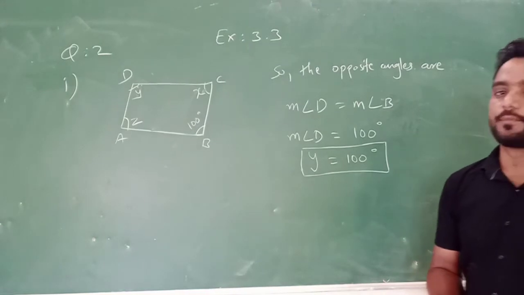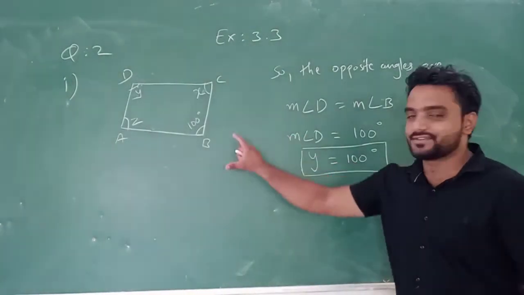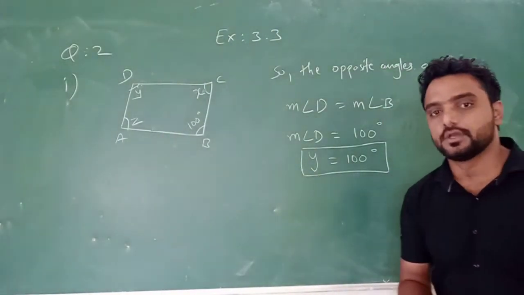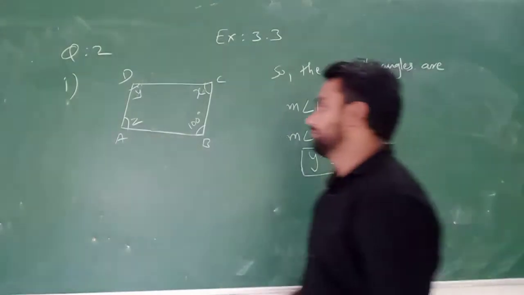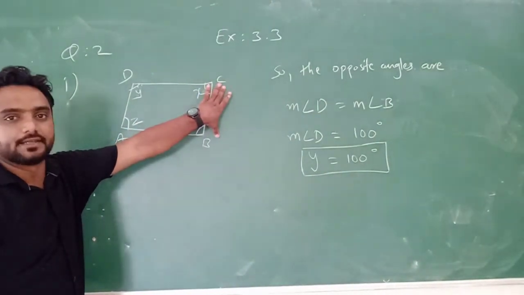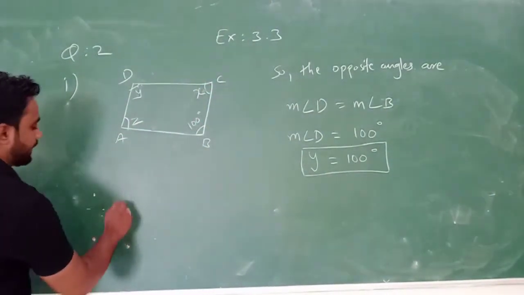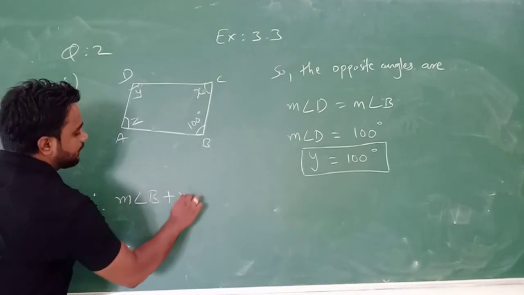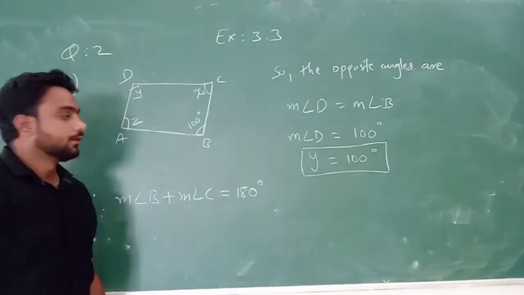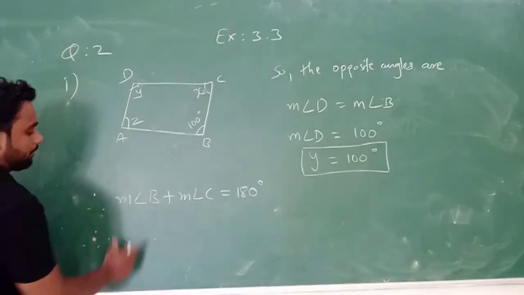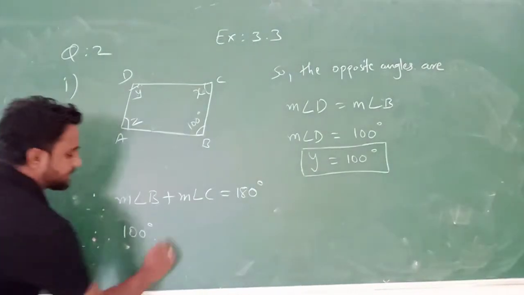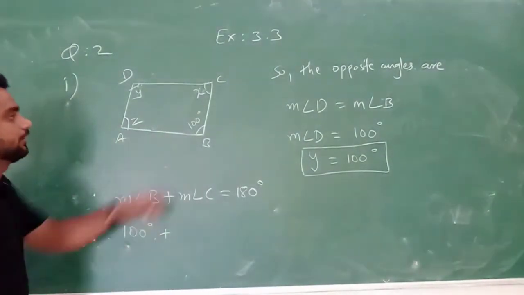Now proceeding to the next property, that is about the adjacent angles. The summation of adjacent angles of a parallelogram is how much? 180 degrees. So according to that, therefore I can write, on the basis of that, measure angle B, that is 100 degree, plus measure angle C. So what is the measure of angle C given to you?